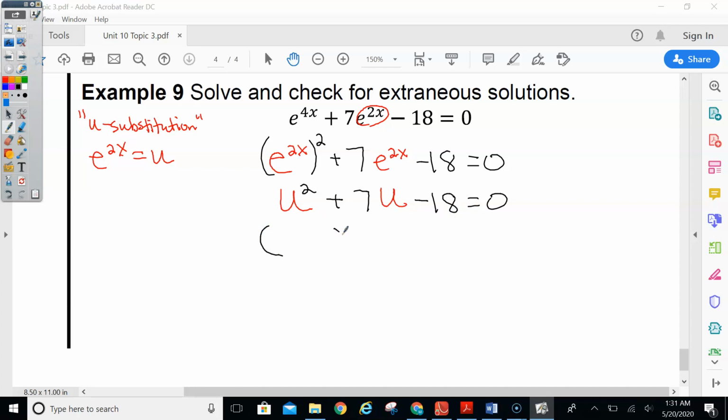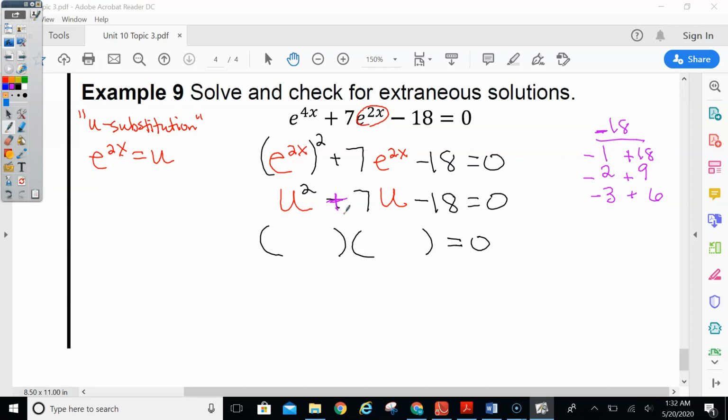So what are the numbers that are the factors of negative 18 that are going to give me 7? So 18 is 1 and 18, 2 and 9, 3 and 6. We need the bigger ones to be positive, so these are your negative ones to get negative 18.